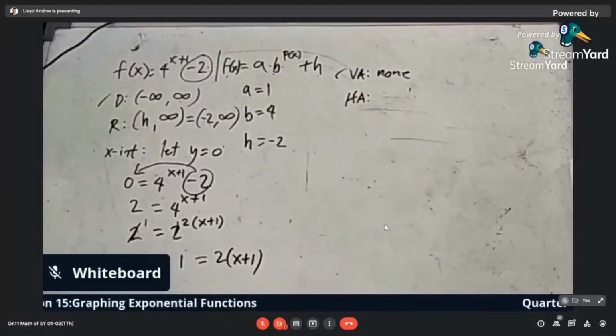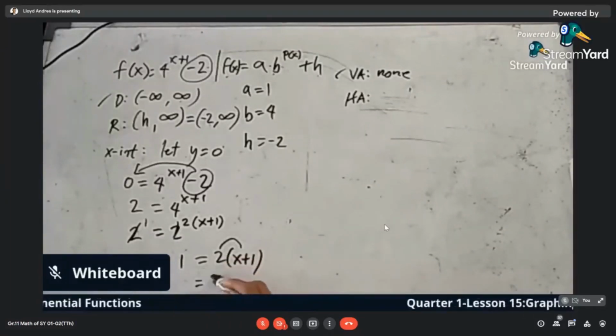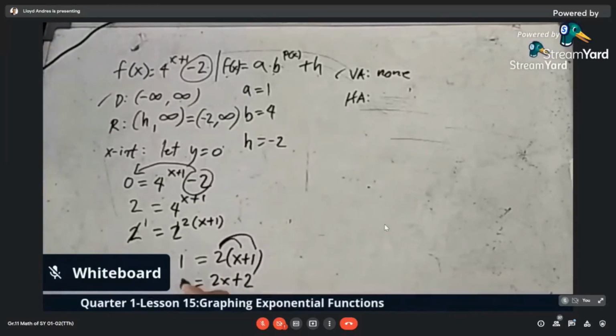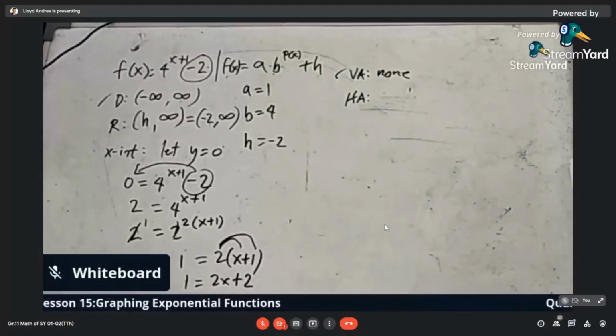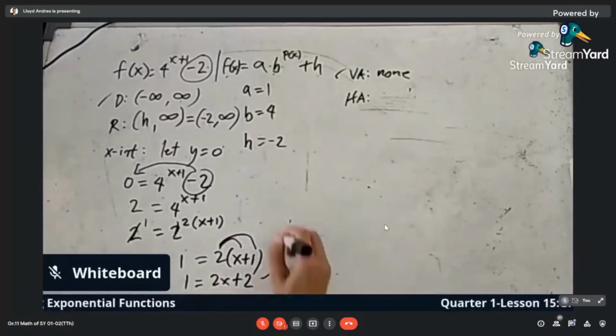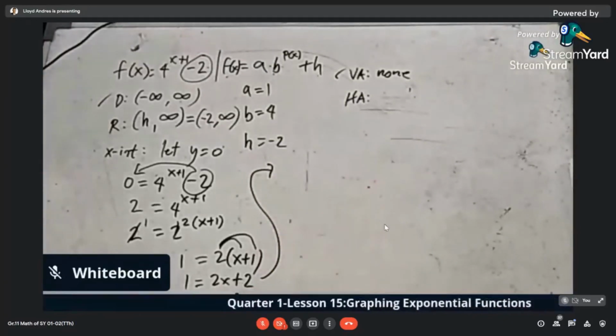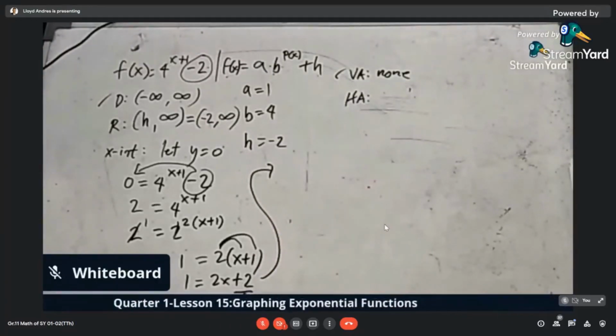So, next, padayon ta, distribute si 2, that's 2x plus 2 equals to 1. Sunod, ipadayon nato ni dire, i-transfer nato si 2, wala man ni x dito sa pikas.